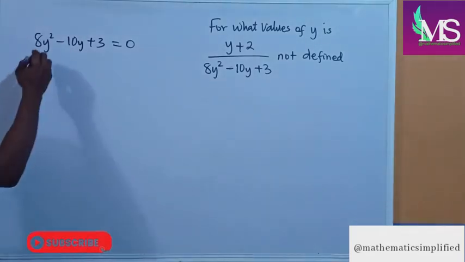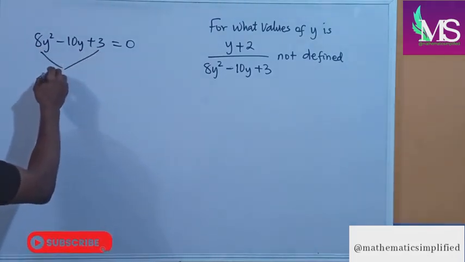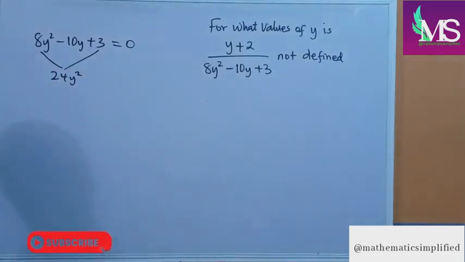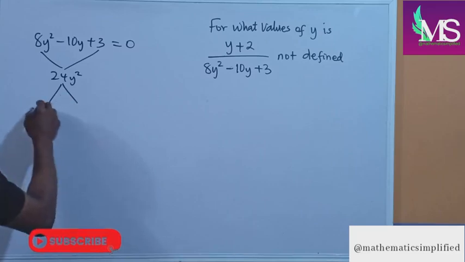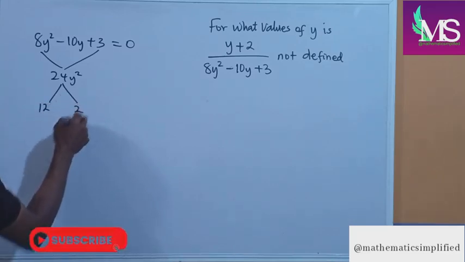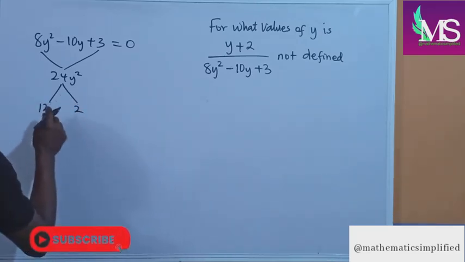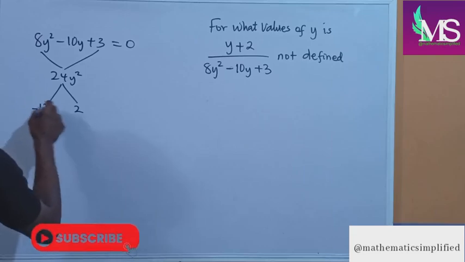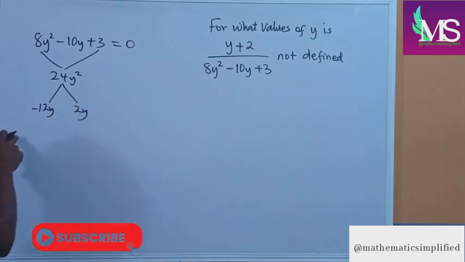If we factorize, 8 times 3 will give us 24y squared. Now, what are the factors of 24 that will give us 10? We have 12 and 2. Since this is minus, our bigger number will be negative, but on the other hand, this is positive.